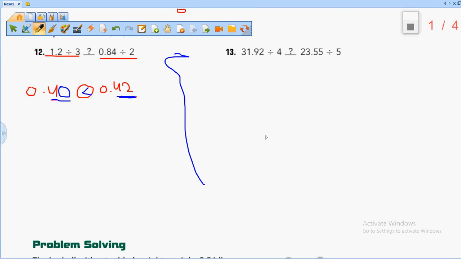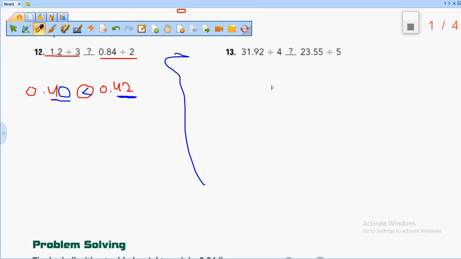Okay, boys, now let's take this one, 31.92 divided by 4. When you use long division, 3 by 4 you can't. 31 divided by 4, that's 7. 7 by 4, 28.